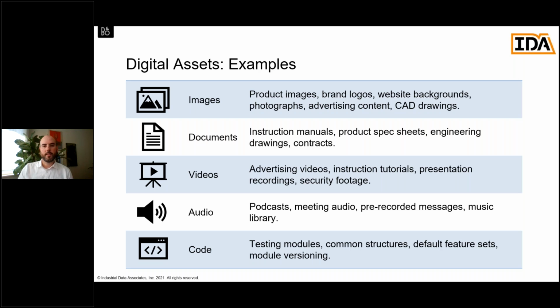Documents can be things like instruction manuals, product spec sheets, drawings or contracts. It could also include things like product catalogs. DAMs can also be video or audio content, so advertising videos, security footage, presentation recordings. It could be podcasts, it could be music, any sort of digital asset.